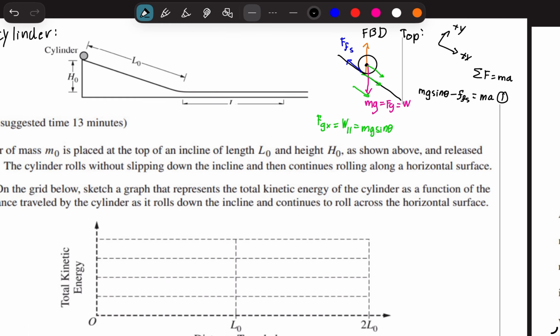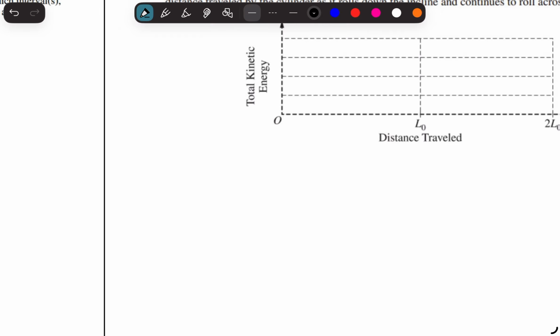Now, after this, we want to describe the torque about our center of mass. So our only force producing torque is going to be friction. Only friction produces torque.